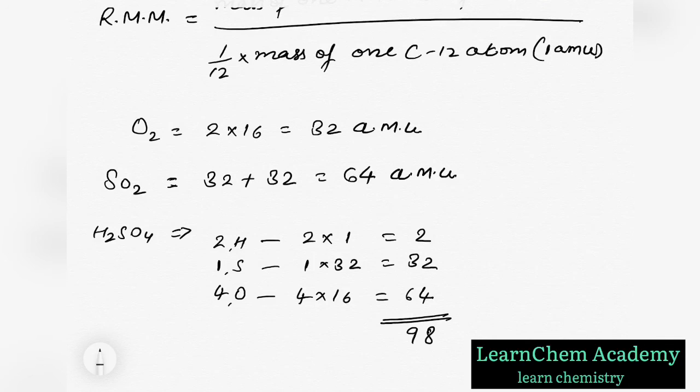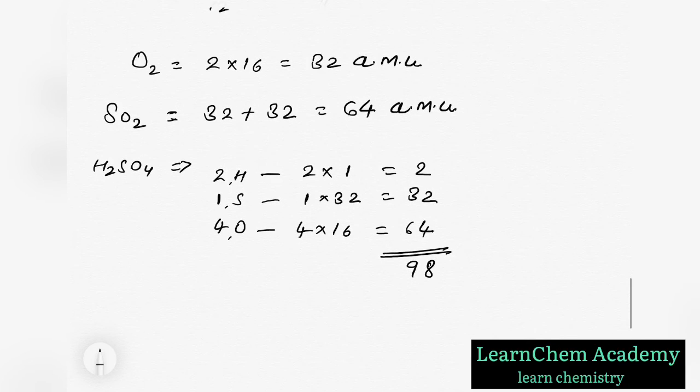So 98 is the molecular mass of H2SO4. In this way we can calculate molecular mass or relative molecular mass.